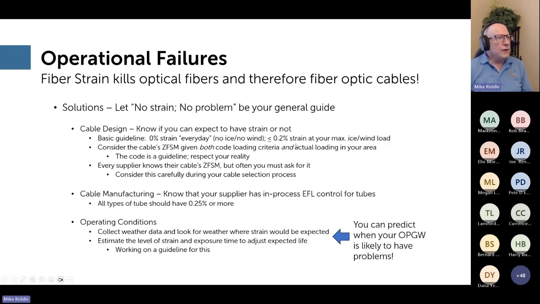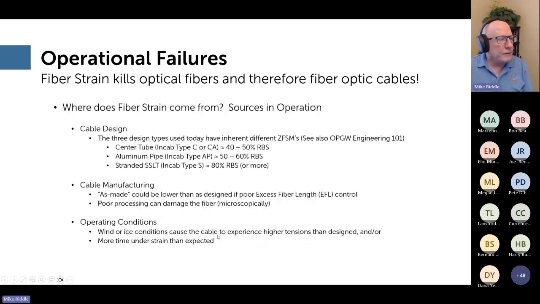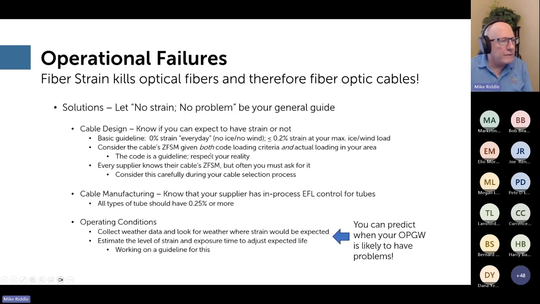To do that, you have to get that information, and the cable supplier, I'm here to tell you, 100% knows this and will give it to you if you ask. We put it on our data sheet, so you already have it, but some manufacturers you have to ask for it. But you do need to remember that in the real world, if you know you're getting more ice and wind than what you've been designing for, then that should be factored into your evaluation, your sagging tension calculations, and use that criteria.